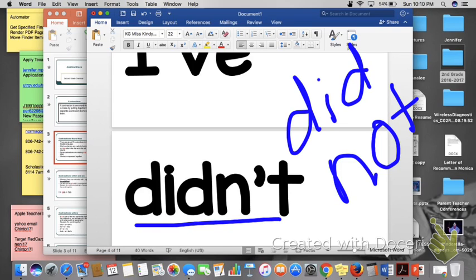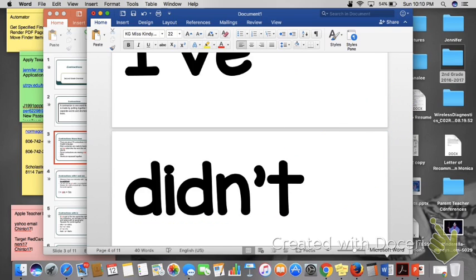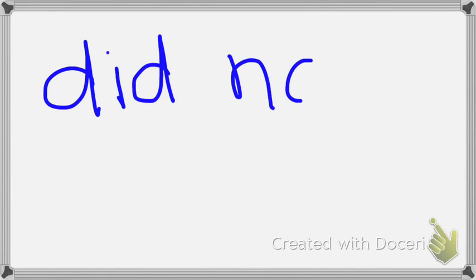So let me grab a whiteboard really quickly. So if I have the words did not, I can put these two words together and I can make a contraction. It's kind of like an addition problem. Let me use a different color. Kind of like an addition problem.